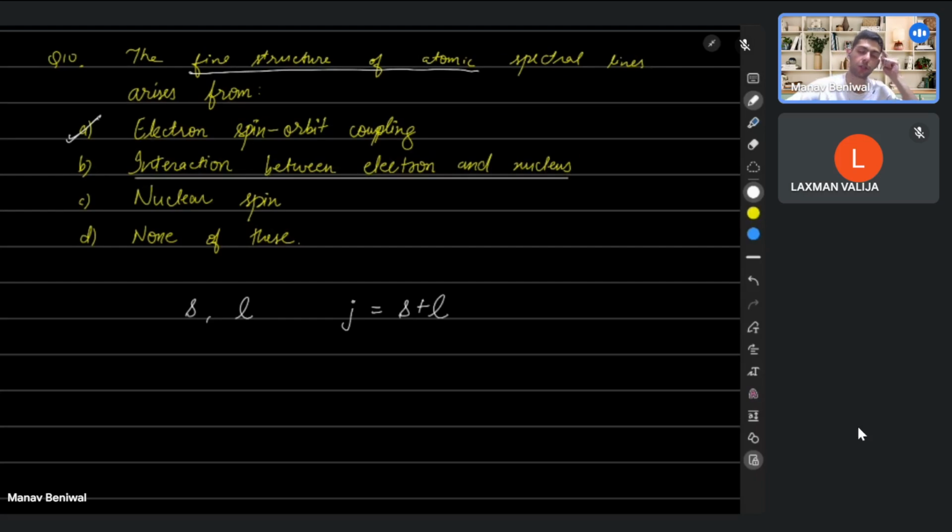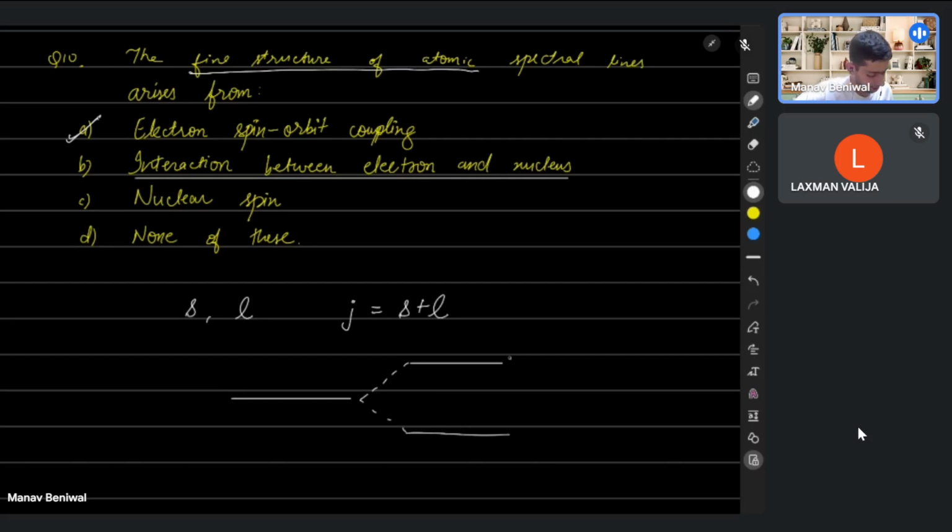This is not yet discussed in the class. But when you have a fine structure of an atom, firstly we have just, let's say, one state like this, one spectral line. We have seen that this gets split like this. We call this fine structure.